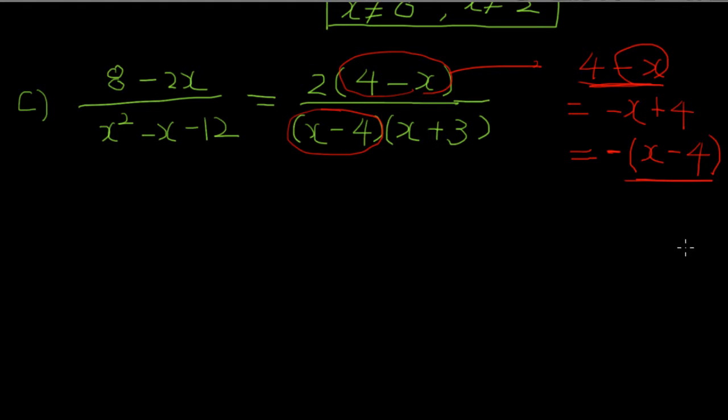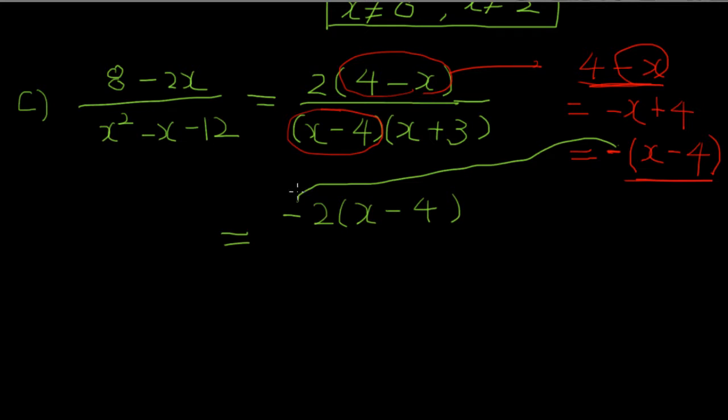Why would I want to do that? Well, if we do that, then we can keep this and change that to something like this form. So let's rewrite this. Let me put this negative in the front, so it'll be negative 2 times x minus 4. See that negative right there?